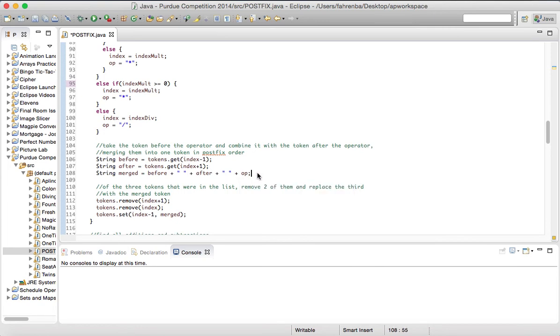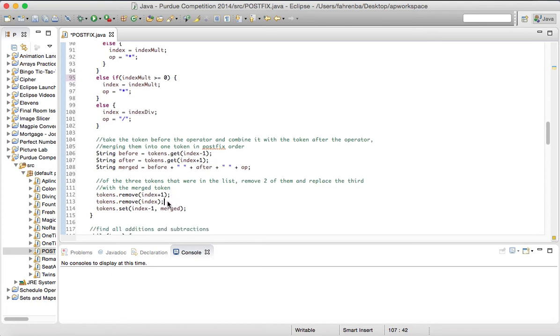So at this point, though, the array list still has 3 separate slots for the token that's here, the token that's there, as well as the old operator. So what I have to do is remove 2 of those tokens because I'm merging them. I don't want to have 3 spots, I want to just have 1. So I remove them, and then I set or replace one of them to be the merged token.